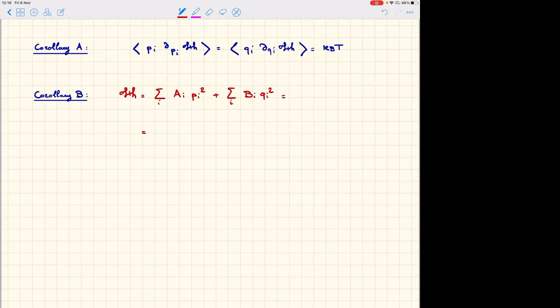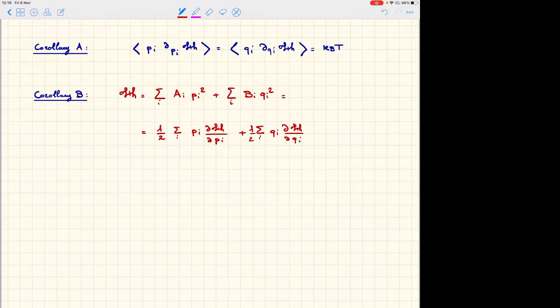at it, the quadratic Hamiltonian can be written as 1/2 sum over i p_i dH/dp_i plus sum over i 1/2 q_i dH/dq_i, right? I mean, just take the derivatives and you see that what I wrote is correct.